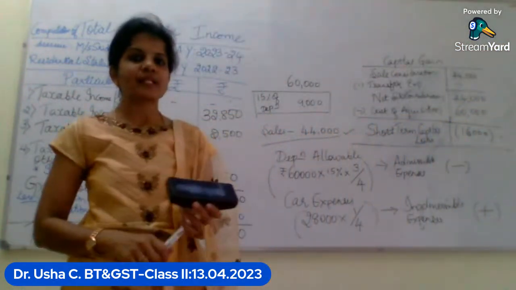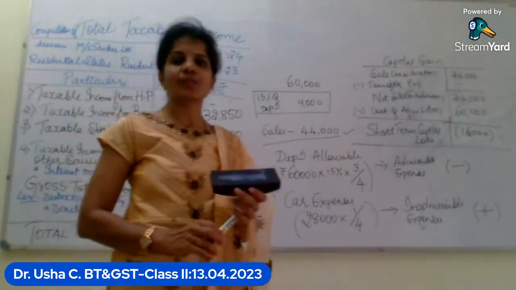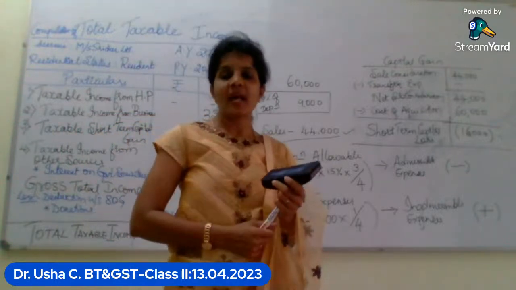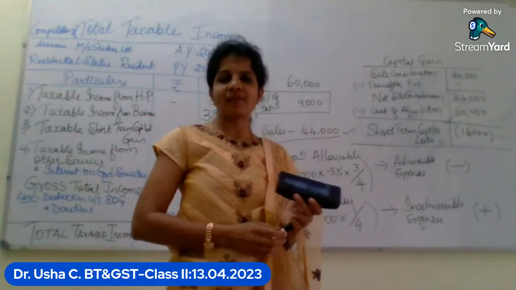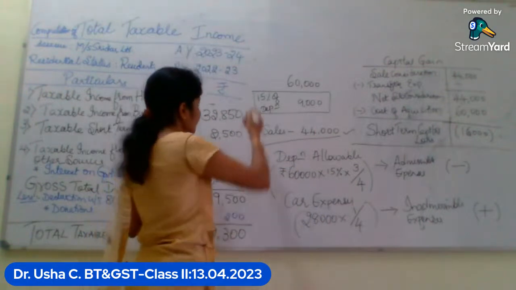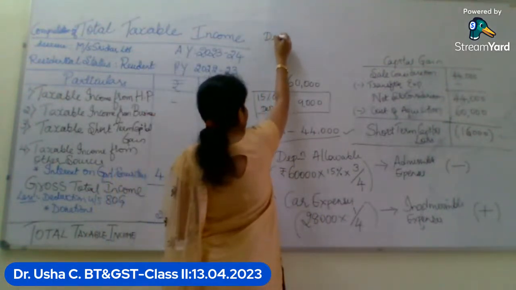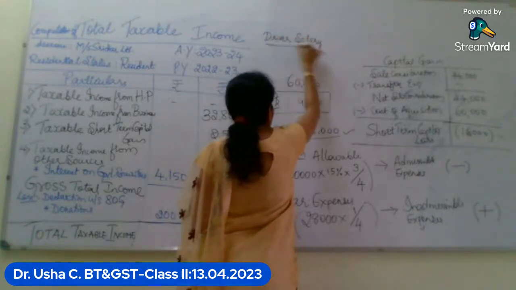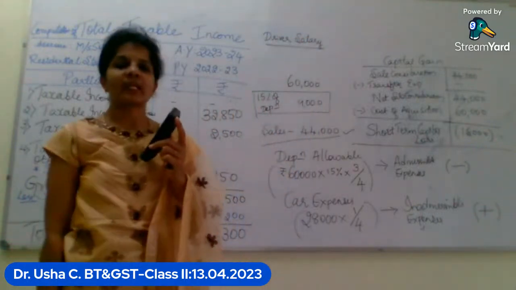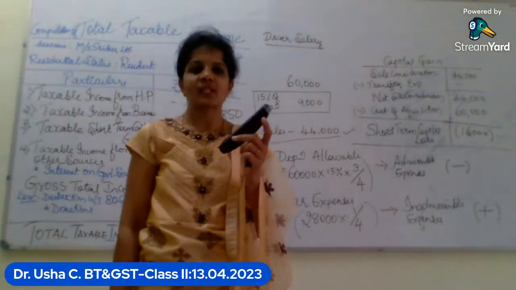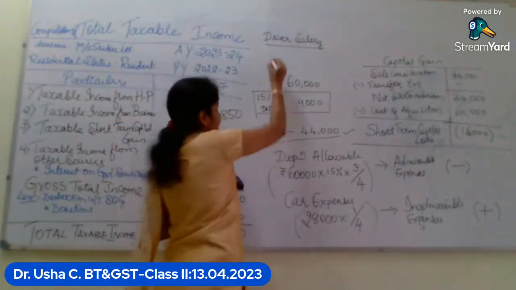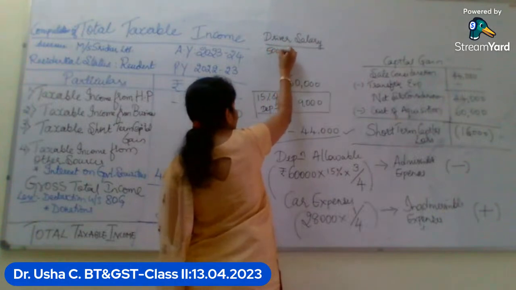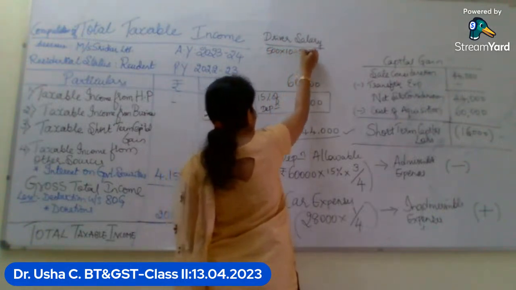Next, information relating to salary is given. Salary includes rupees 500 per month paid to the driver of the car for 10 months. See here, driver's salary is an allowable expenditure. What is the amount of driver salary? 500 per month for 10 months, that is 5,000 rupees.